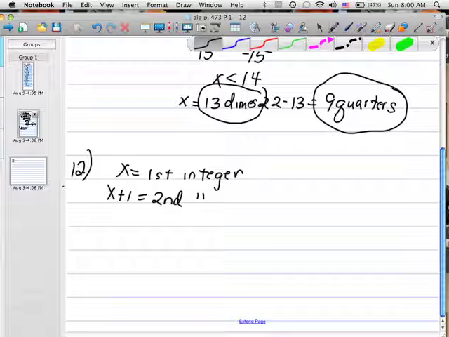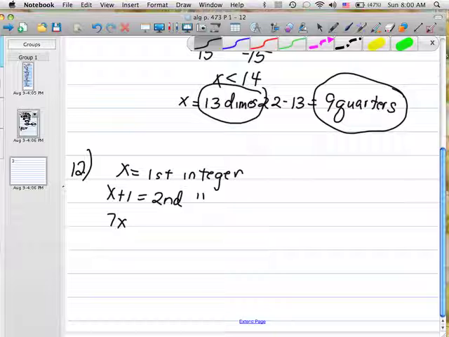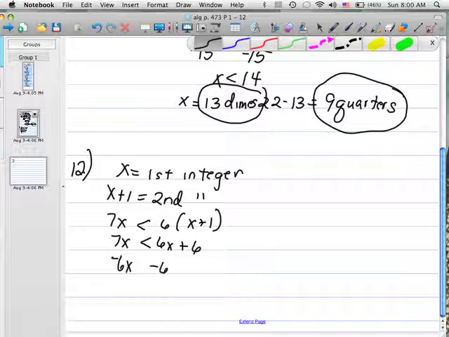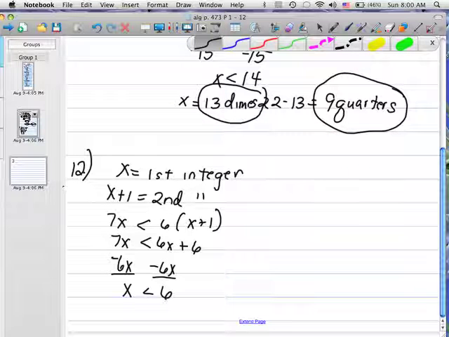And it says the 7 times the smaller, which would be 7 times x, is less than 6 times the greater. So working that inequality out, 7x is less than 6x plus 6. Subtract the 6x from both sides, and we get x is less than 6.